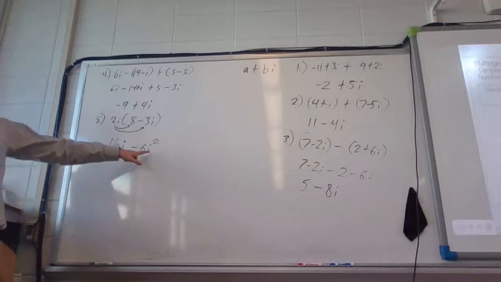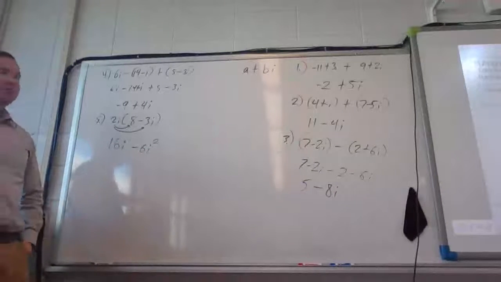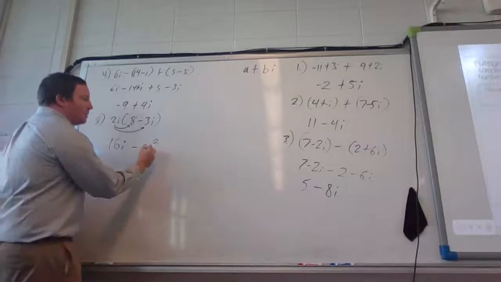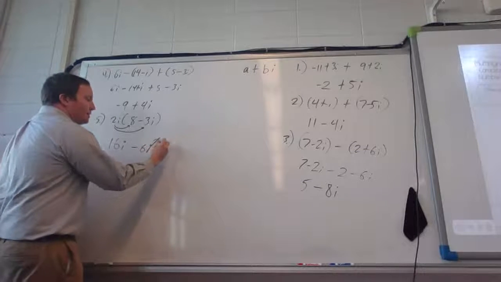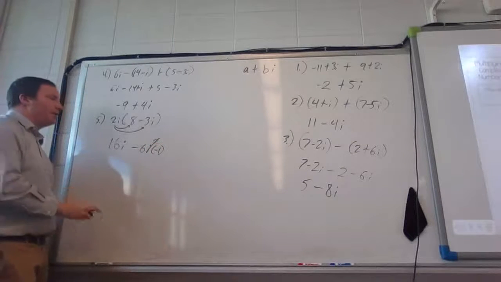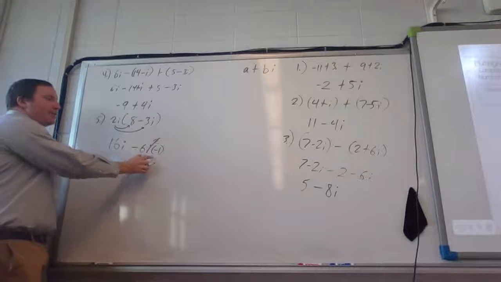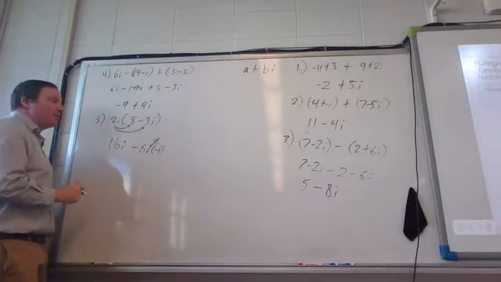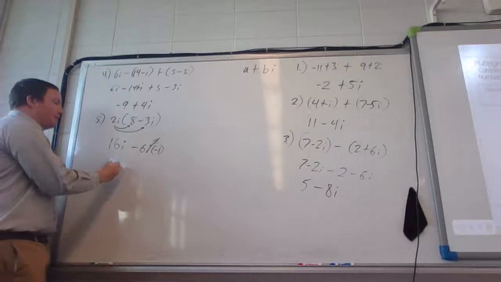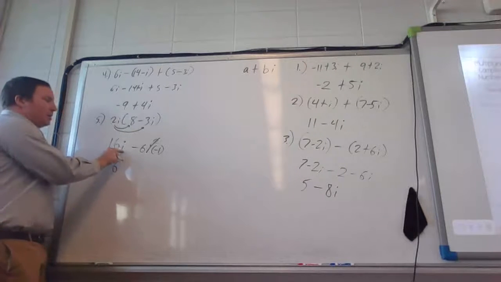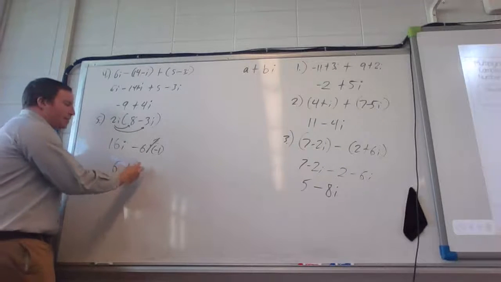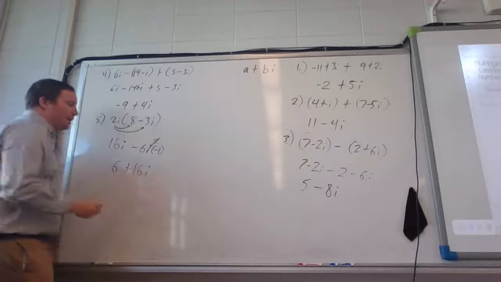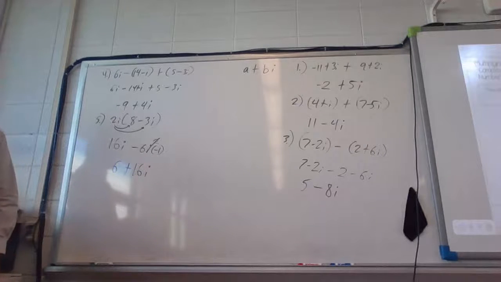And then just like what I said, i squared, again, is equivalent to -1. So we can mark out the i squared and replace it with -1. So essentially we have -6 times a -1. That's positive. So that's going to give us a +6. And then we also have that positive 16i. So we can add 16i behind it. And there's our answer.